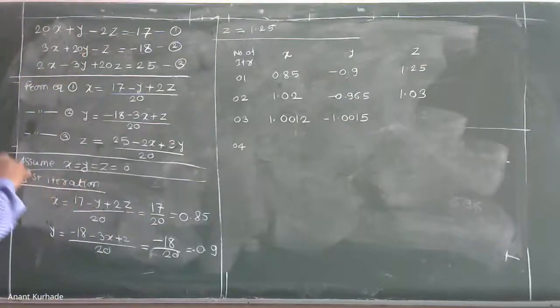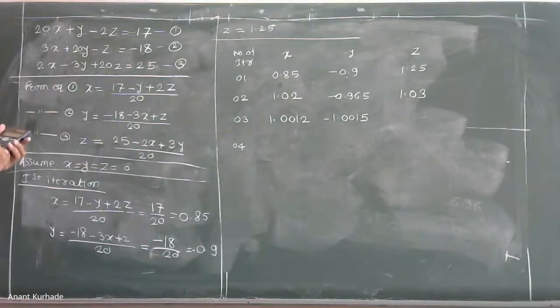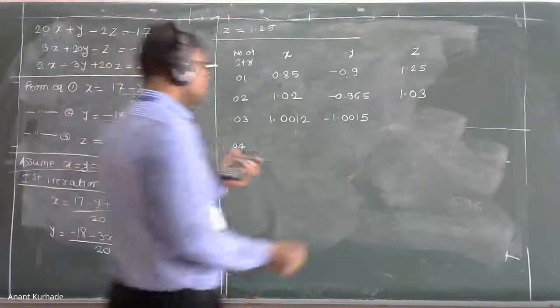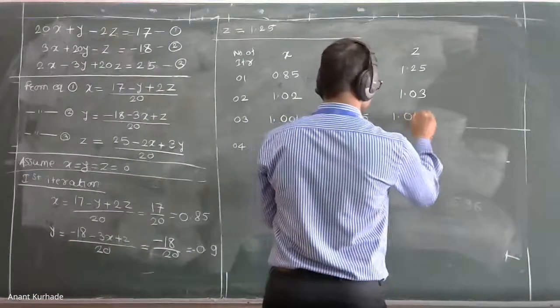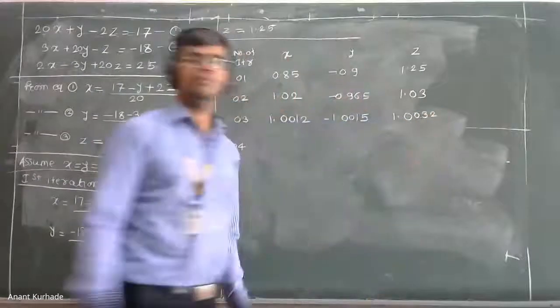Yes, sir. And z: 25 minus 2 into x 1.0, plus 3 into y minus 0.965, divided by 20. 1.002. Correct? Yes, sir.